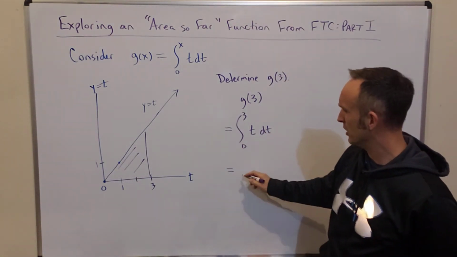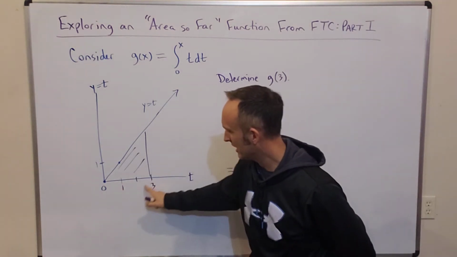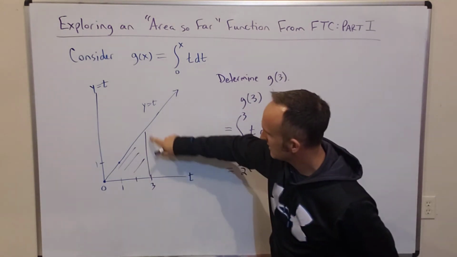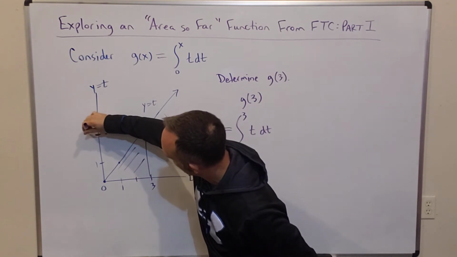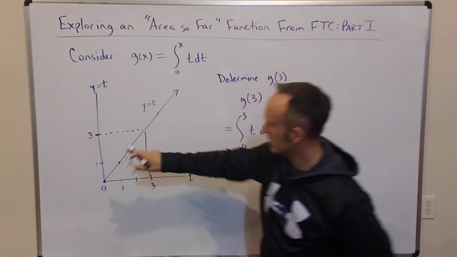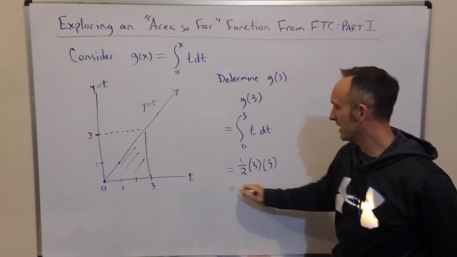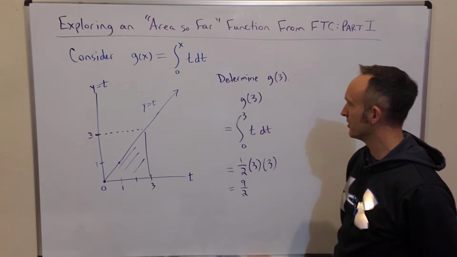The area of which would be 1/2 times the base length, 3, times the height, which is also, if you trace this over, remember the y values and the t values are equal, so the height would also be 3. And so what we would get here is 1/2 times 9, which is 9/2.